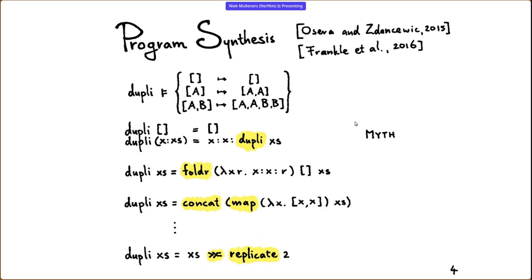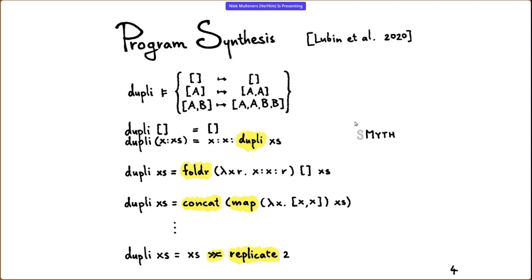And then there's an extension introduced by Lubin et al. called Smyth, which adds some extra features. Interestingly, this specification here is technically not strong enough for Myth to synthesize the function dupli, but it is strong enough for Smyth. So there are some slight differences there. But in general, they use the same principle.